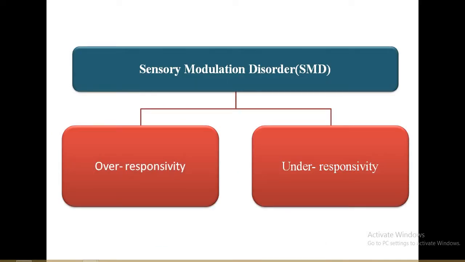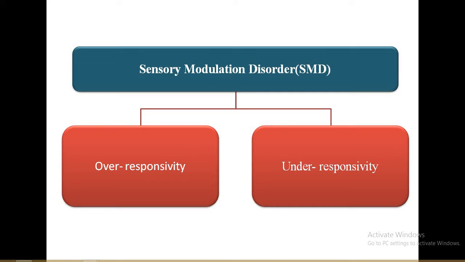Sensory modulation disorder is a problem to control or regulate the intensity of sensory stimulations. Here, the outcome, meaning behavior, depends on a person's neurological threshold and what type of regulator they are. Let me tell you what neurological threshold is.